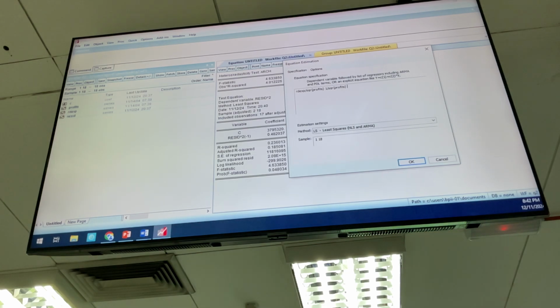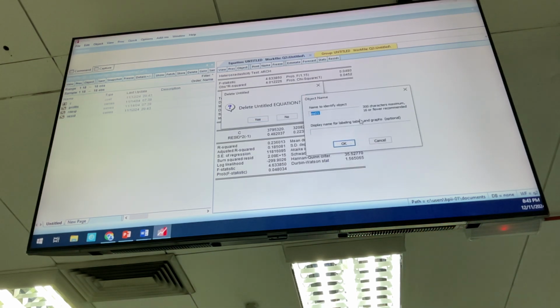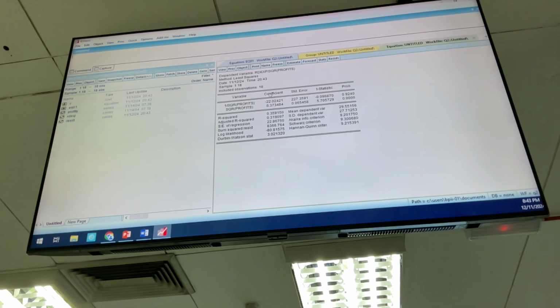And then we have profit divided by square root profit, which gives square root profit. So this is the transformed equation.